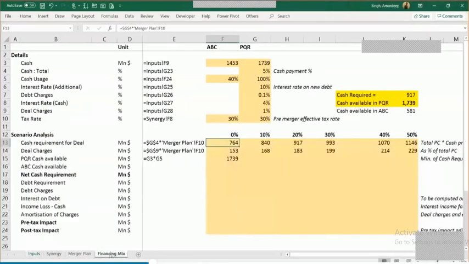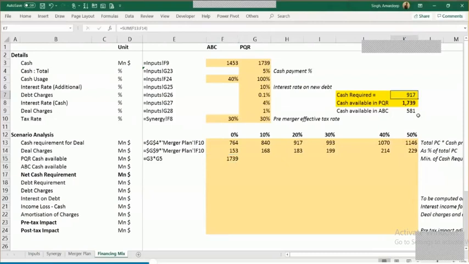Now you need to pay 764 to the shareholders of PQR and you're going to pay 153 to the investment banker. So in total you need 970. So tell me, what is the amount of cash that I am eventually going to use? That's not going to be 1.7 billion because I don't need that much cash. I need a cash which is only 917.